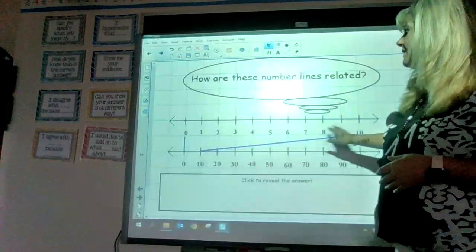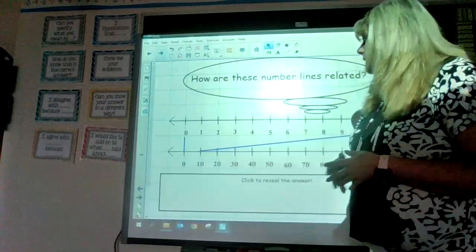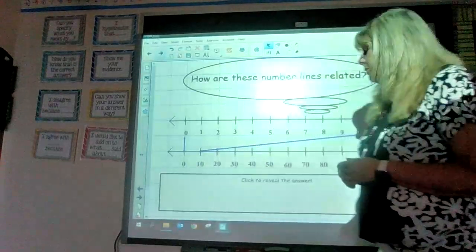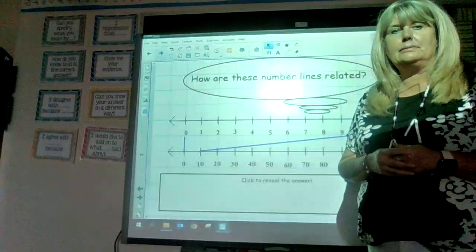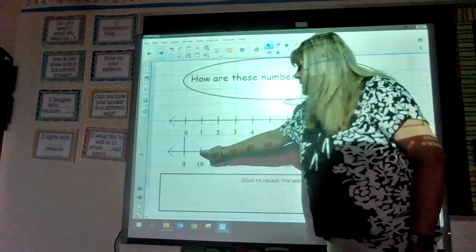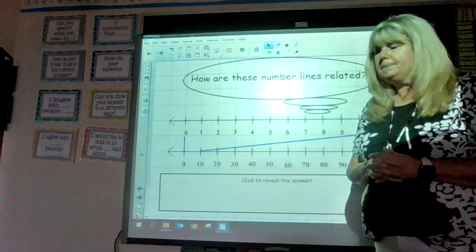This one obviously is counting by ones, and it goes all the way to 10. Now notice this one starts with 0, but it ends in 100. But look what it's counting by. It's counting by tens. But I wonder what this arrow going up to this number 10 stands for.